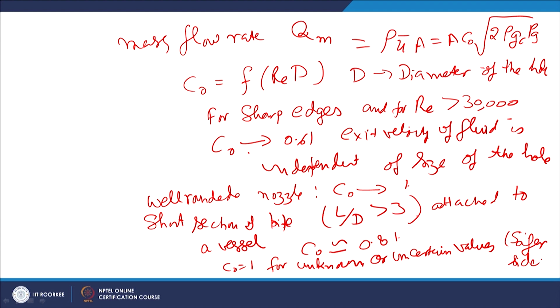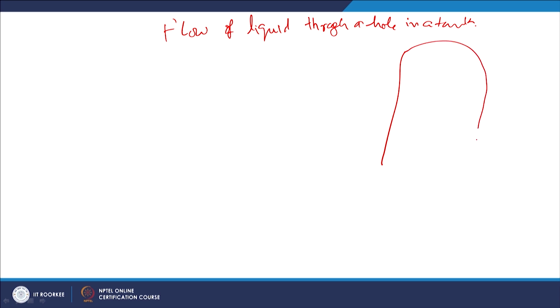Now let us take another aspect, that is the flow of liquid through a hole in a tank. This is the tank, like this. You have certain liquid filled over here and you have a hole at this juncture.